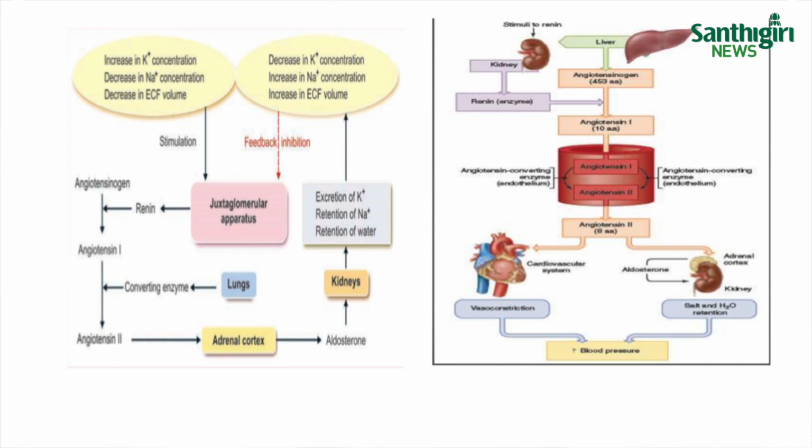So, when the potassium level increases, sodium decreases, it activates the juxtaglomerular cells of the kidney to secrete renin. So, renin in turn acts on angiotensinogen, converting it into angiotensin 1.